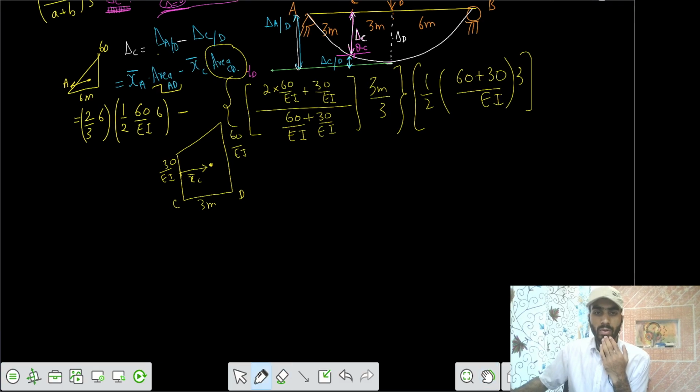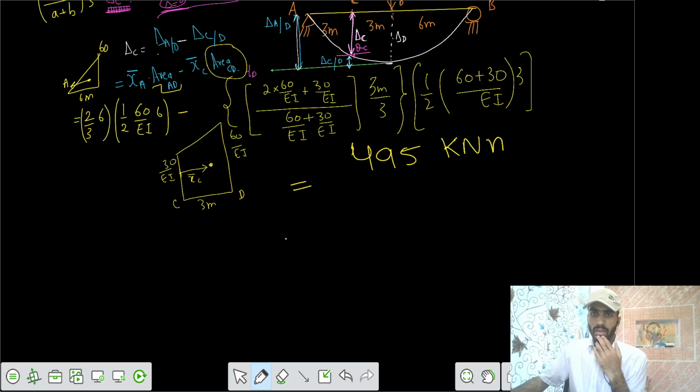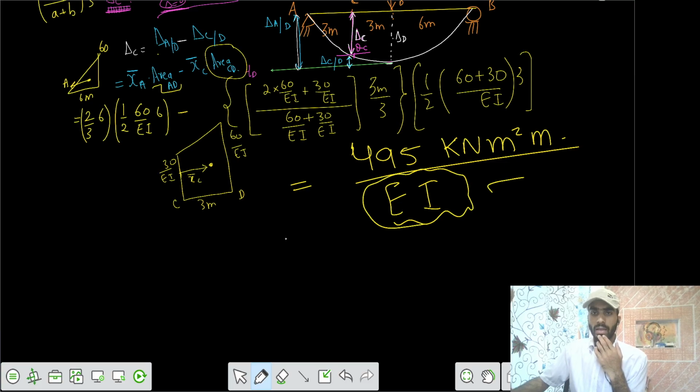The value comes out to be 135, and your delta C comes out to be 495 in units of kilonewton meter square into meter divided by EI. Your EI value should be known to us. Then we can directly calculate the value of deflection at point C.